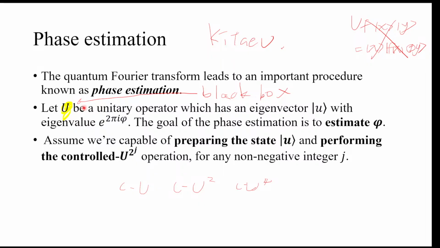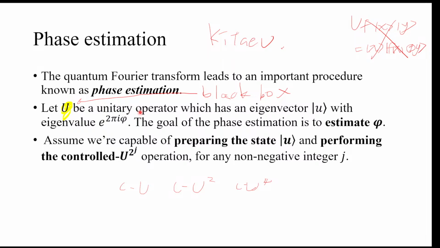So you have a whole bunch of unitaries you can apply in your algorithm, and we want to learn something from this black box unitary. The thing we want to learn is its eigenvalue, something you always want to learn about a matrix. This U is a matrix, a unitary, so its eigenvalue always has the form e to the 2 pi i phi, and we want to learn a particular phi, a particular eigenvalue.